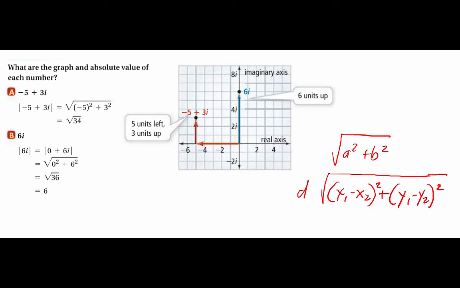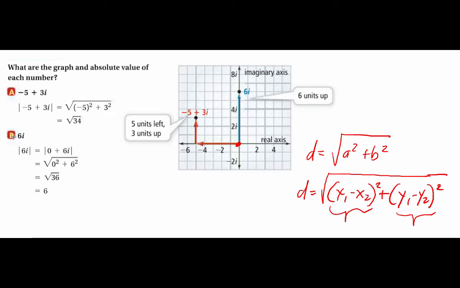It is the distance formula, only we don't have the two x coordinates in here. If you think about that, we're calculating the distance from 0, so one of the points is going to be 0. We only need to use the x and y coordinate, but now we're not calling them x and y, we're calling them a and b, a for the real part and b for the imaginary part.